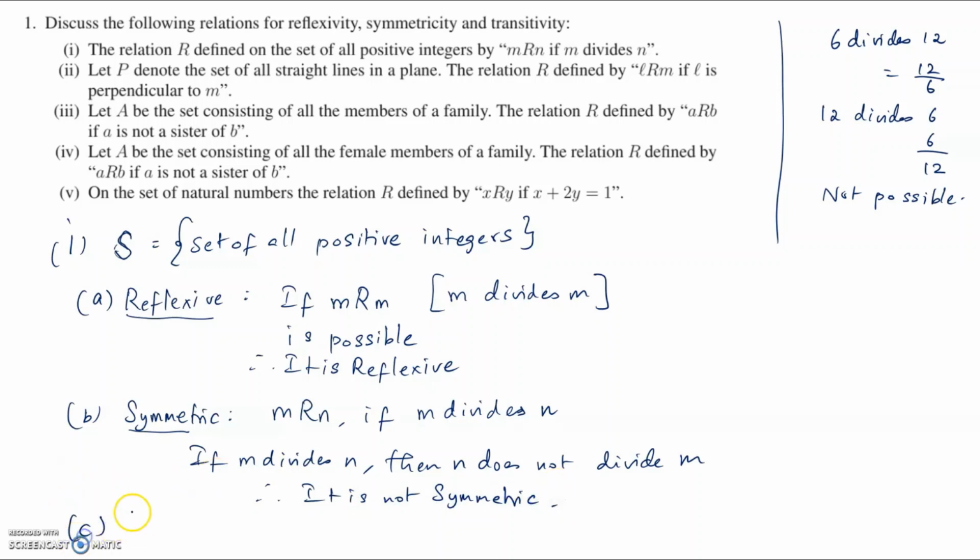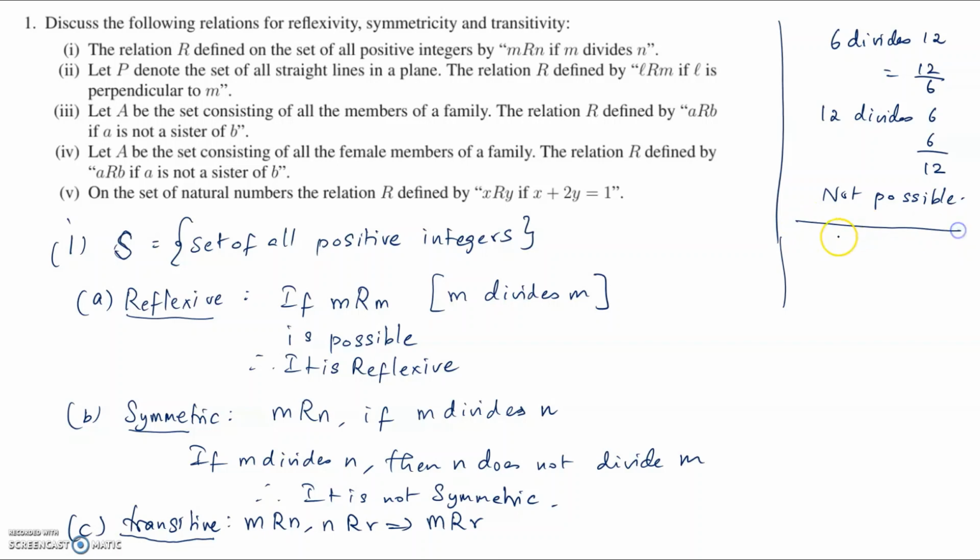And the last relationship, which is transitive. So M is related to N, and let's assume N is related to R. Then this should imply that M is related to R. So let me just show you an example here.